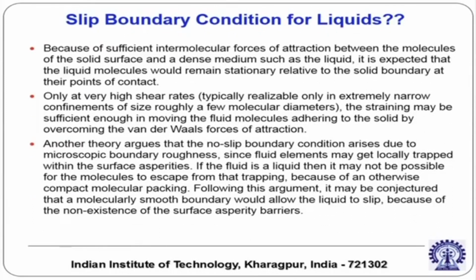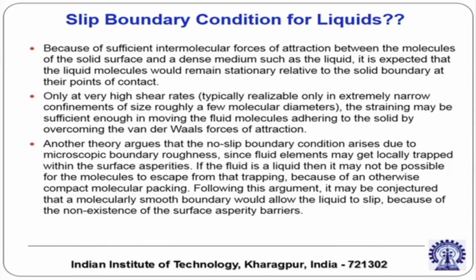Now we will come to another point that we discussed in the previous lecture, that is, what is Navier's slip boundary condition and how can we fit the Navier's slip boundary condition in the context of Maxwell's first order slip.